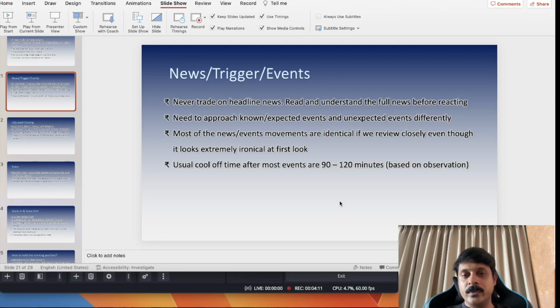For the earlier elections, from 2003 or 2004 onwards, I was tracking the pre-election, election and post-election movement, and I was extrapolating during the election time, and I'll be doing the same this year also. So this news and event based trading is what gives me better profit and mileage during the other times. So it is very important.